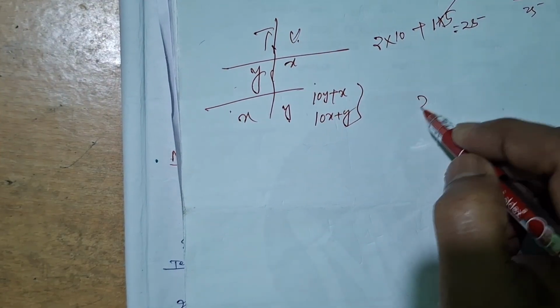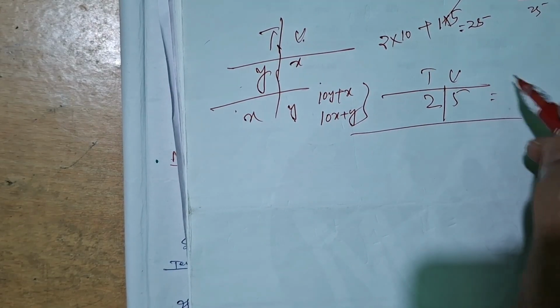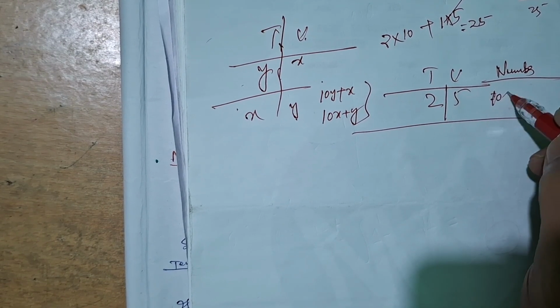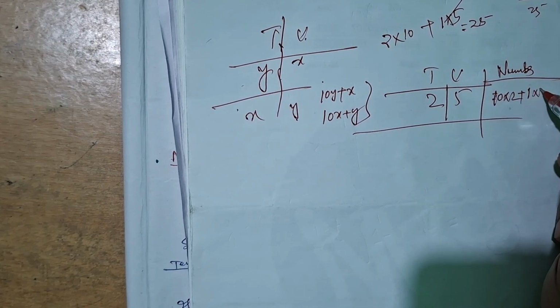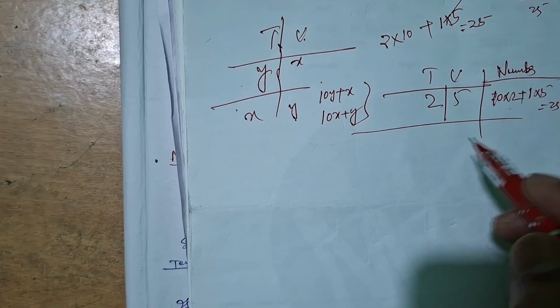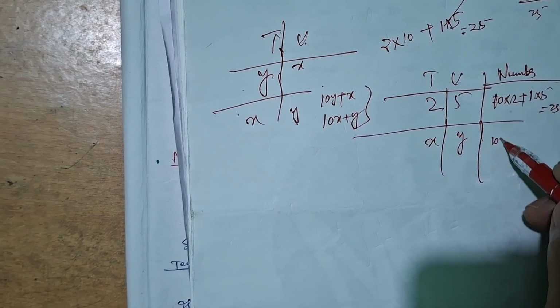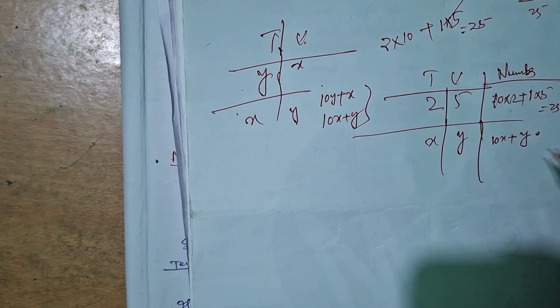For 25, the number is 10 into 2 plus 1 into 5, which is equal to 25. If the digits are x and y, then it will be 10x plus y, not 10xy.